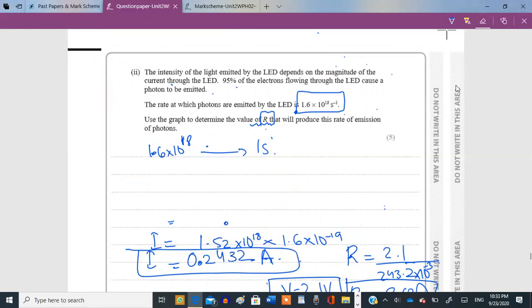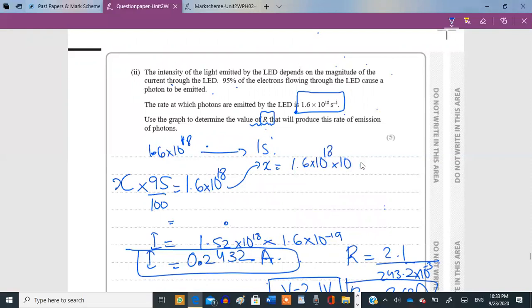Let's assume the number of electrons is X. 95% of X is equal to 1.6 raised to the power of 18. Now find the value for X. Rearranging, X is 1.6 raised to the power of 18 multiplied by 100 divided by 95. Now you've got the number of electrons flowing through this circuit in 1 second.